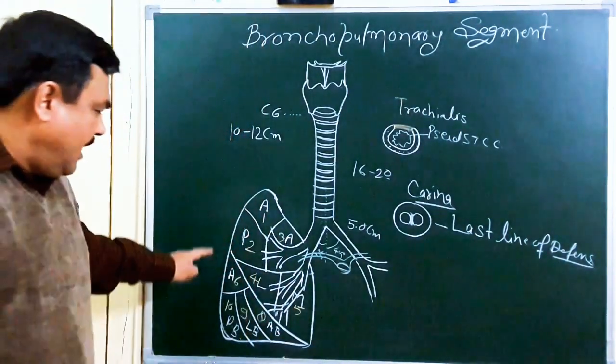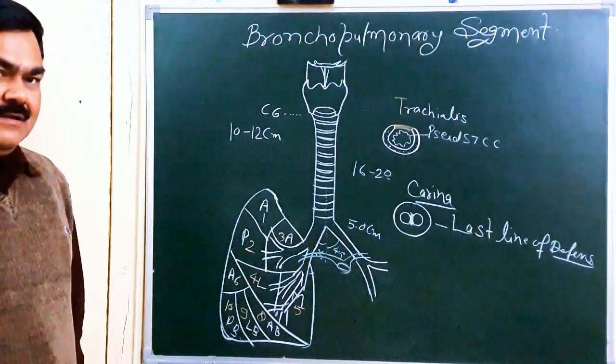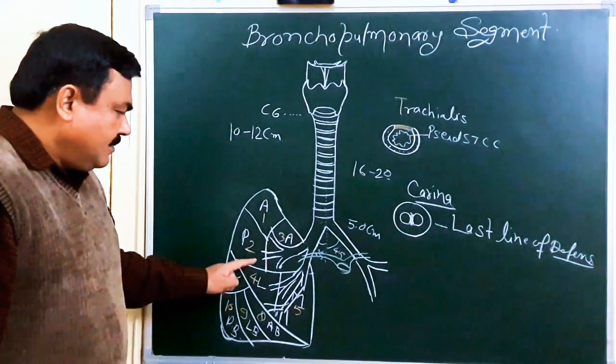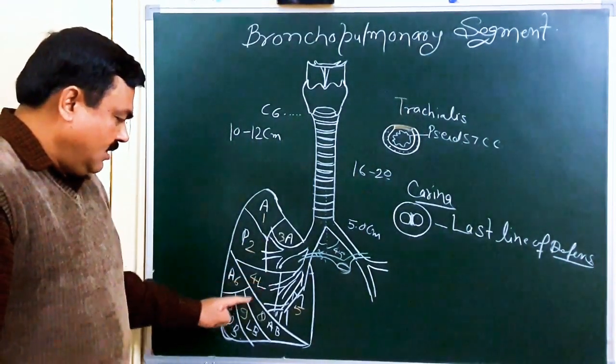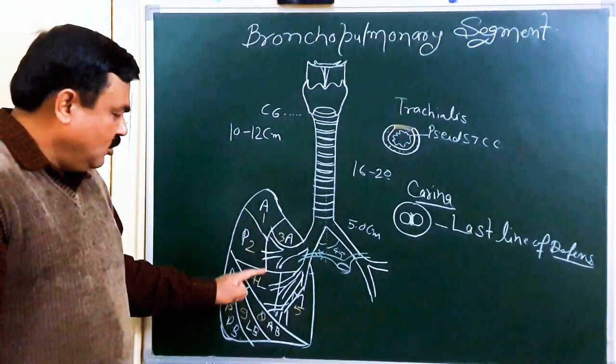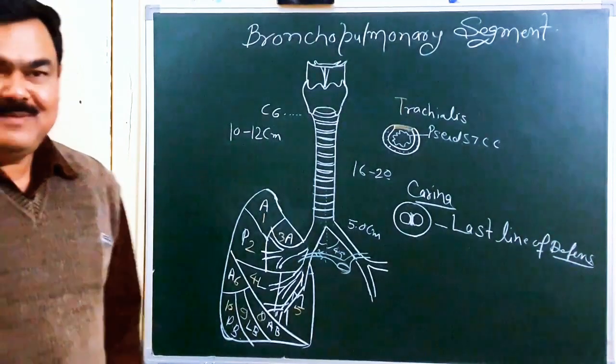So these are 10 bronchopulmonary segments present in right lung. So right lung has 3 lobes, upper lobe, middle lobe and lower lobe. Upper lobe has 3 bronchopulmonary segments, middle lobe has 2 bronchopulmonary segments and lower lobe has 5 bronchopulmonary segments.